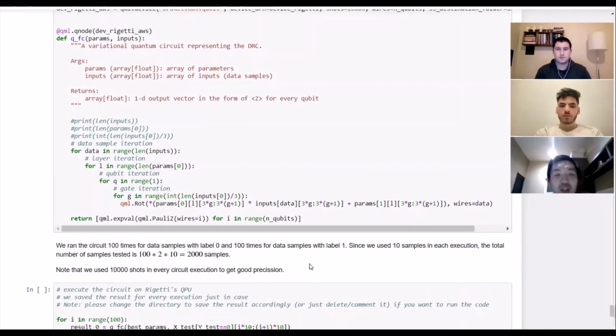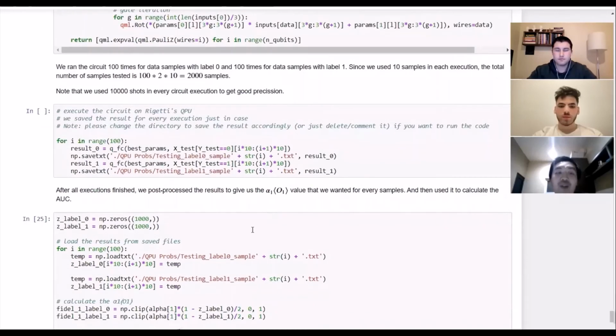In total, we do 100 executions, both for the data samples with label 0 and with label 1. So in total, we did testing with 2,000 samples. And we use 10,000 shots in every circuit execution to get good precision.